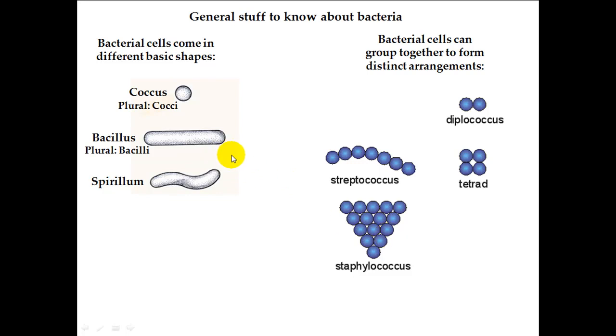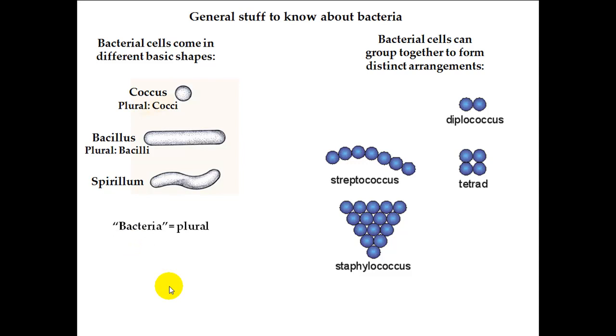We mentioned that when we were looking at the shape of the individual bacteria that there are singular forms of the word and there are plural forms of the word. The same thing goes for the word bacteria itself. Whenever you say the word bacteria, that's the plural form of the word. So bacteria implies that you have a whole bunch of cells that you're looking at.